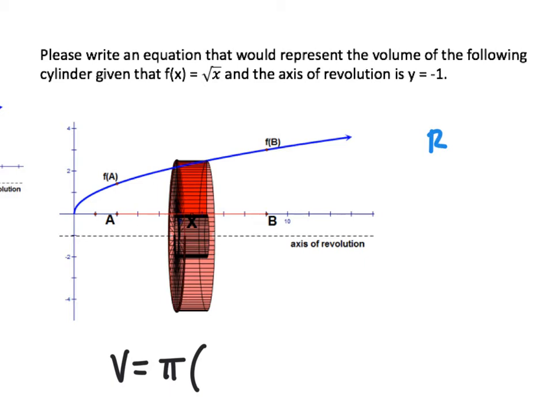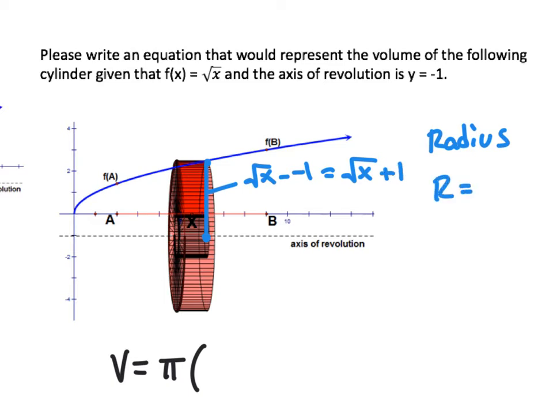My big radius is the distance from my function to the axis of revolution. And so that's going to be the square root of x minus negative 1. So that's just going to be the square root of x plus 1. So big radius R is equal to the square root of x plus 1.